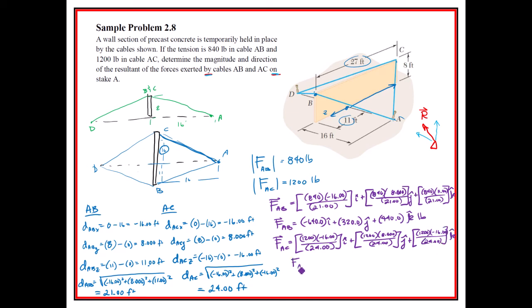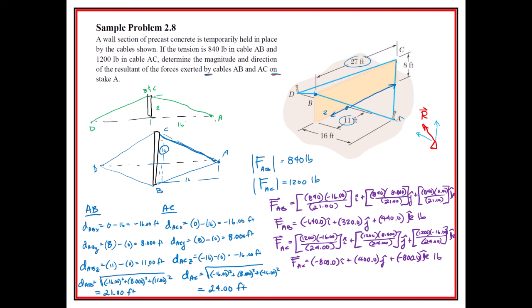And F_AC is equal to negative 800 I plus 400 J plus 800 K. And those are pounds.